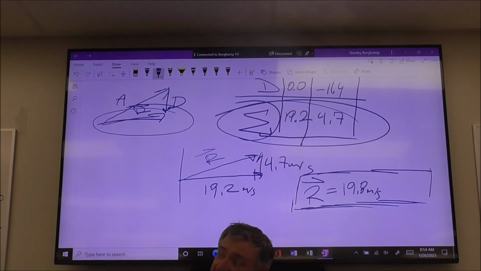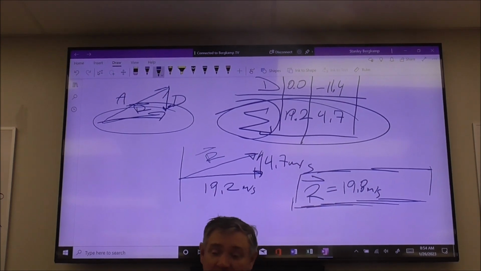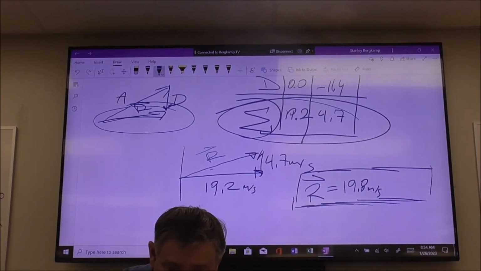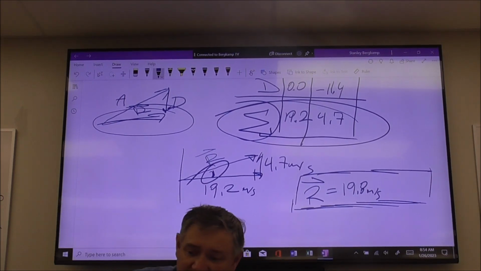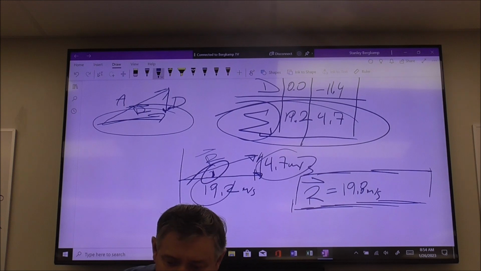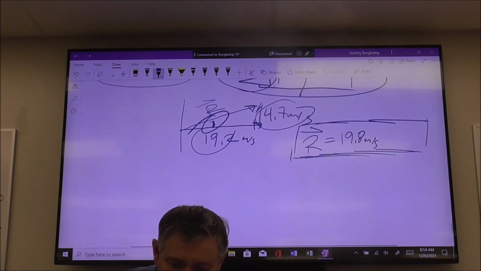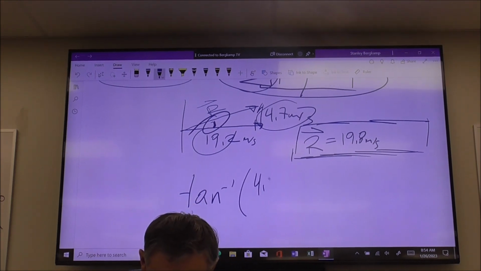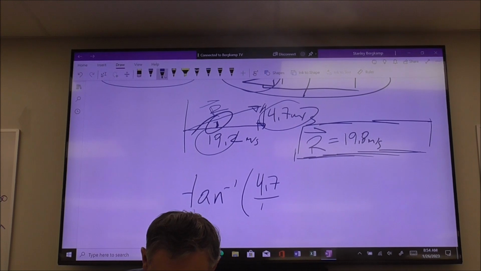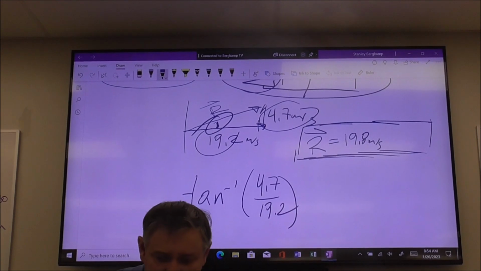Now, again, this is where trig functions are your friend. So you're trying to find this angle. What I would recommend is that you know the opposite and you know the adjacent, so I'd go inverse tangent of opposite over adjacent, which is 4.7 over 19.2.